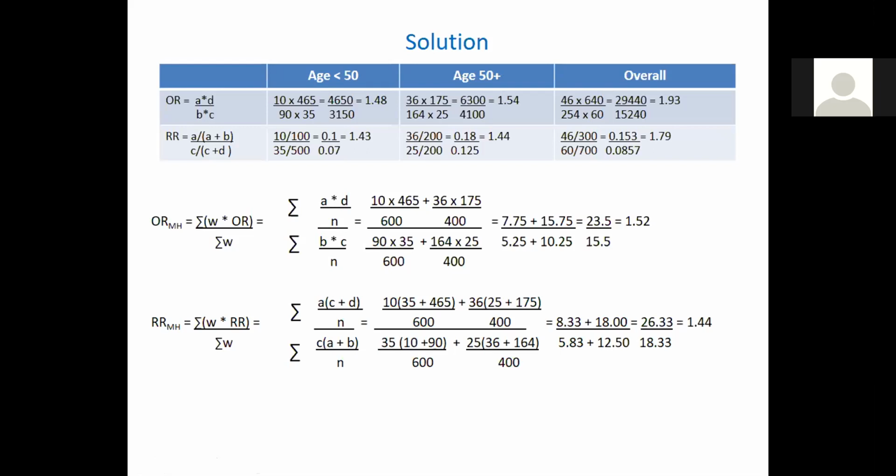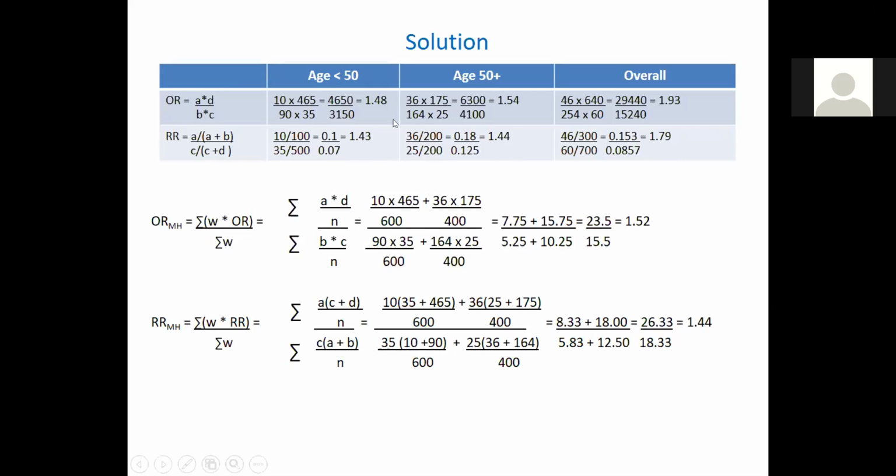If we put it to test and they are not different, that shows it is likely to be a confounder. But if they are different, that shows it is effect modification. Look at the relative risk 1.43, 1.44, and the crude relative risk 1.79.